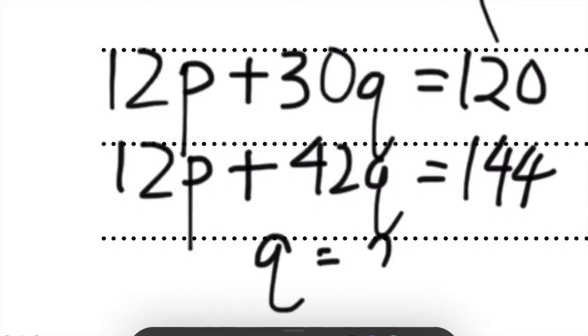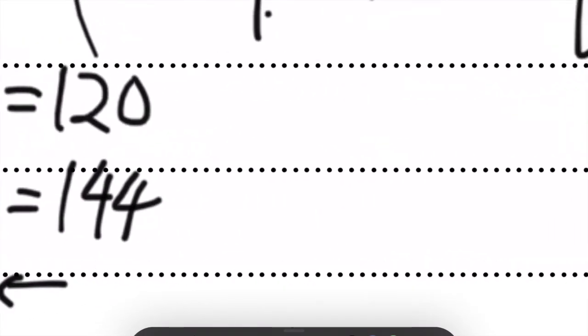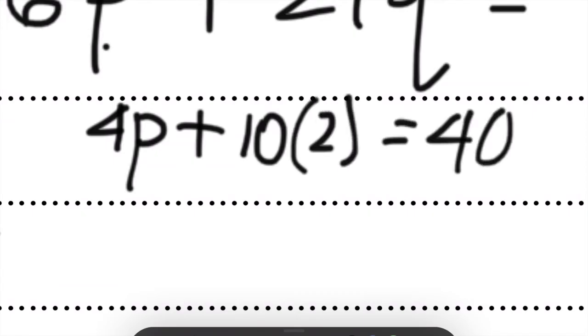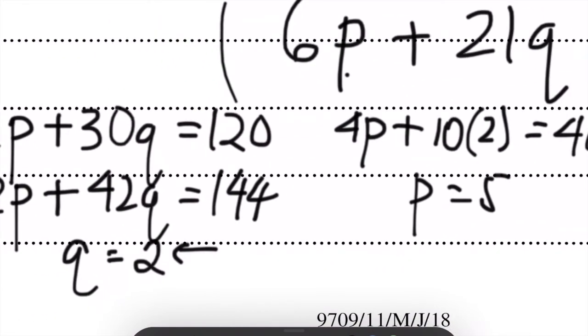So q will be equal to 2. Now we'll find p. We'll choose any of the equations and substitute q with 2. We get p is equal to 5. So these are your answers.